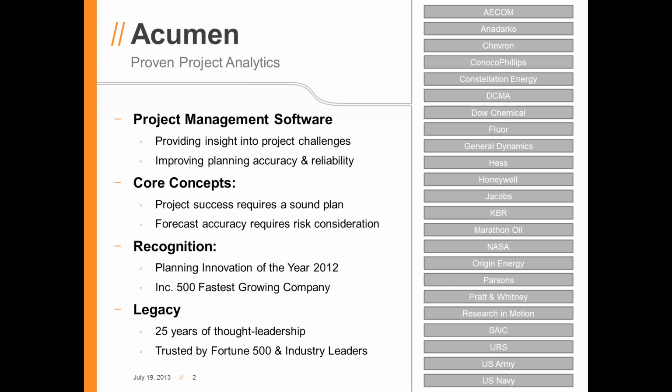We believe that a sound plan, a strong baseline is needed for that, in addition to a plan that maintains its quality through execution. As we talked about in yesterday's webinar, risk consideration is a huge component as well, both from the baseline standpoint and from an ongoing standpoint. Today with 360, we'll be talking about the next step after risk consideration.